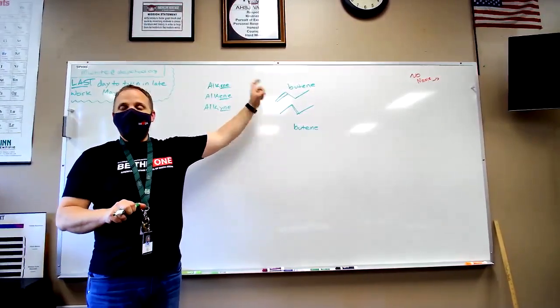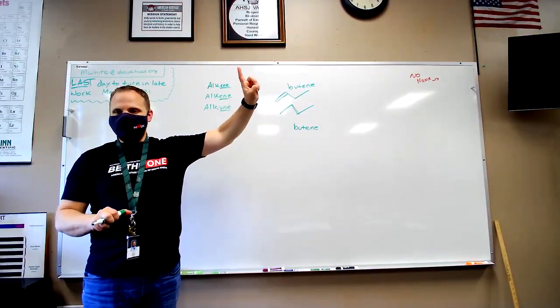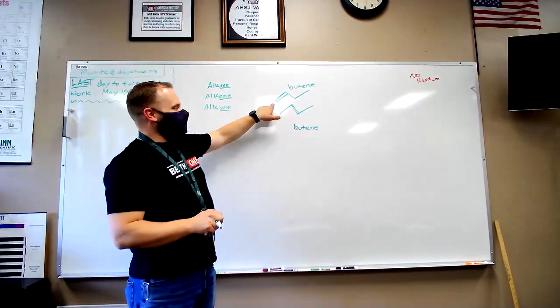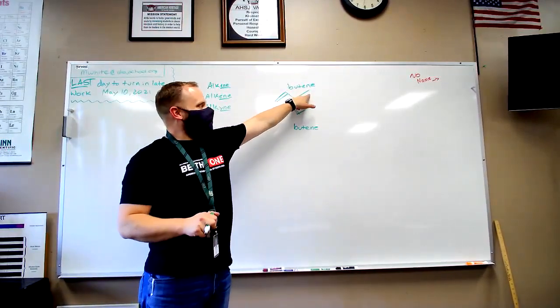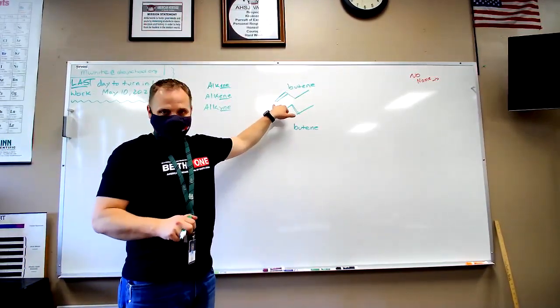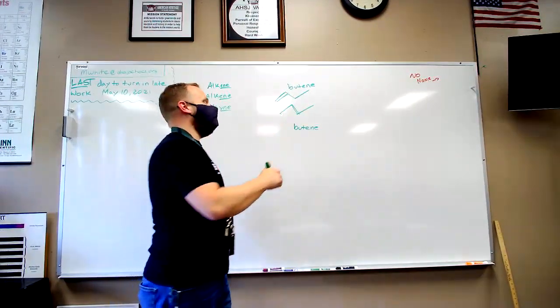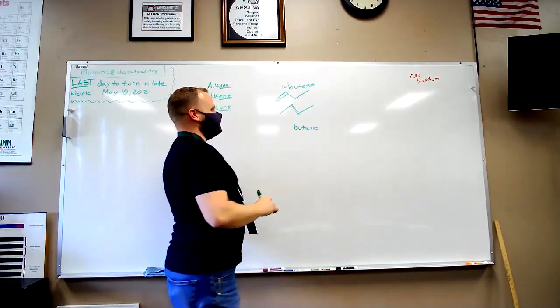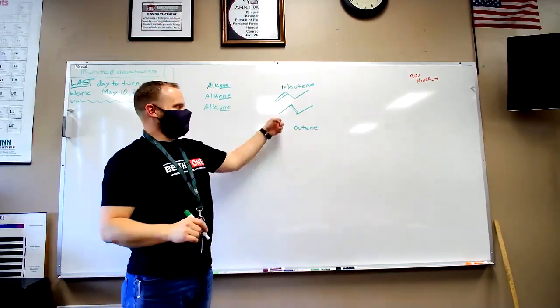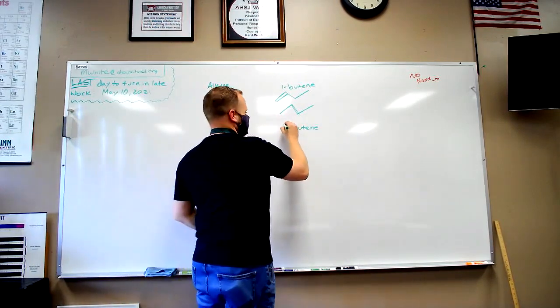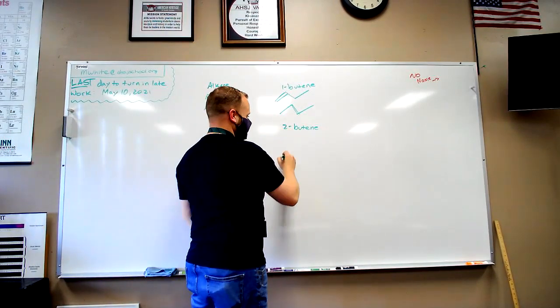This is 1-butene. Okay? Because if we number from here, 1, 2, 3, 4, the double bond starts on carbon 1. That's 1-butene. What is this one? 2. 2-butene.